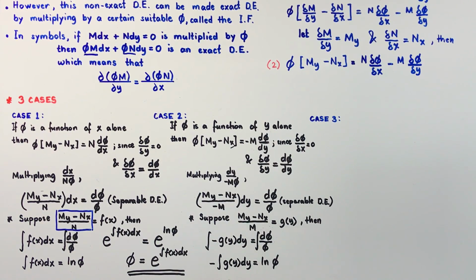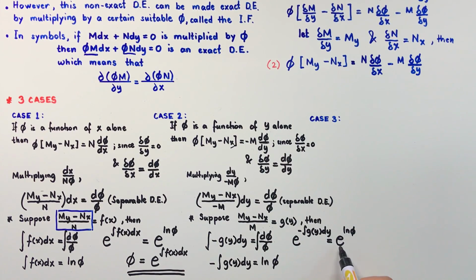And then raising these two expressions to e, we have e to the power of the negative of the integral of g of y dy is equal to e to the power of the natural log of phi.